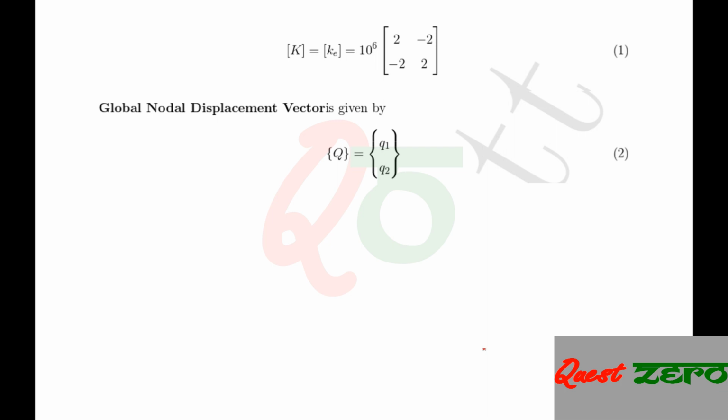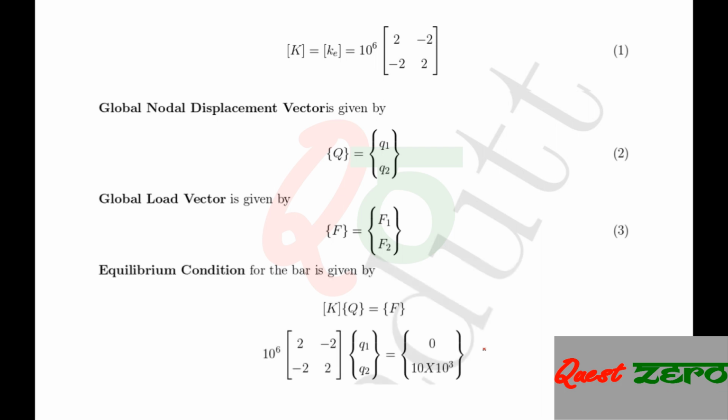So the global displacement vector is obtained. Now the global load vector is given by F equals F1 and F2, where F1 denotes the force at node 1 and F2 denotes the force at node 2.